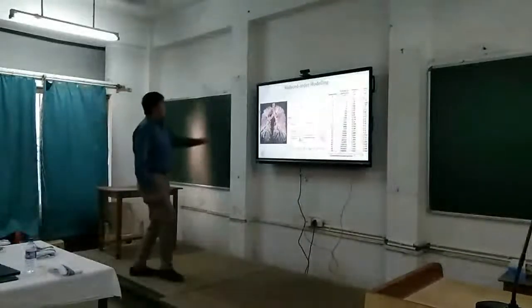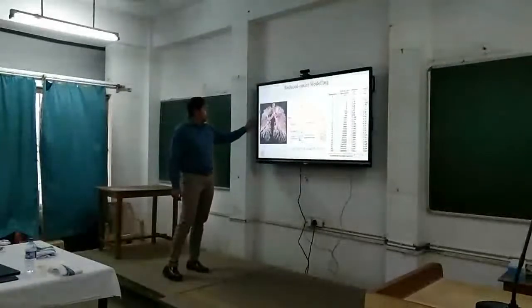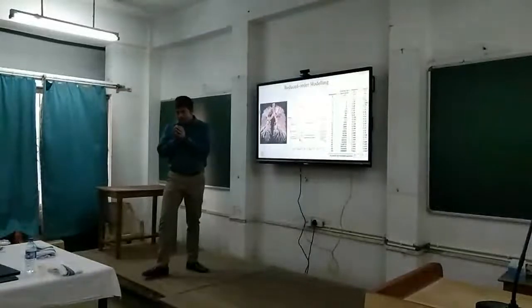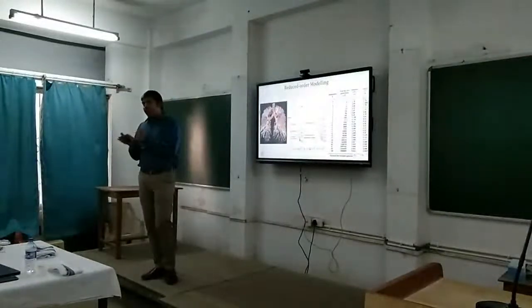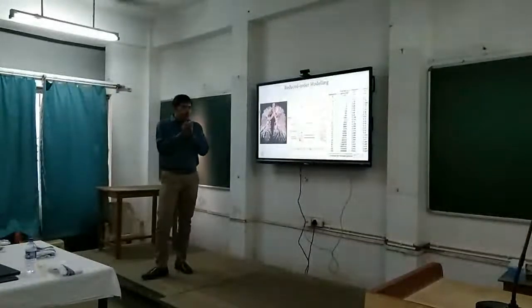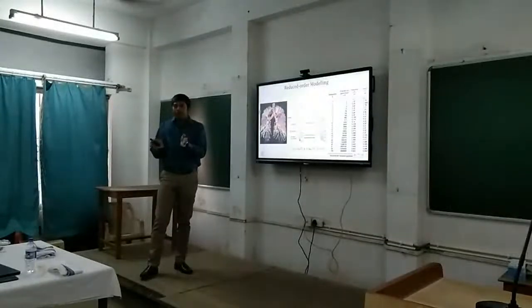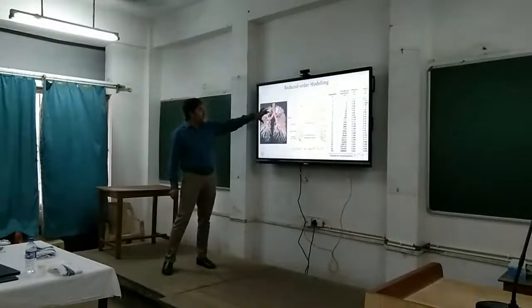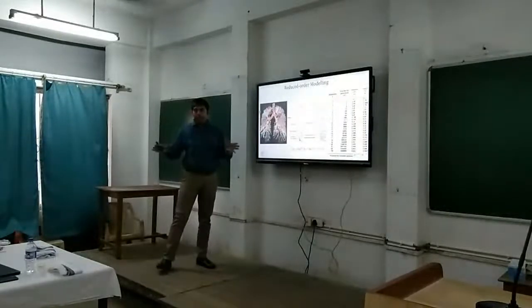It has been observed that the lung structure bifurcates into two daughter branches at each generation. So the main branch subdivides into two, and each of those again subdivides into two, and like that.